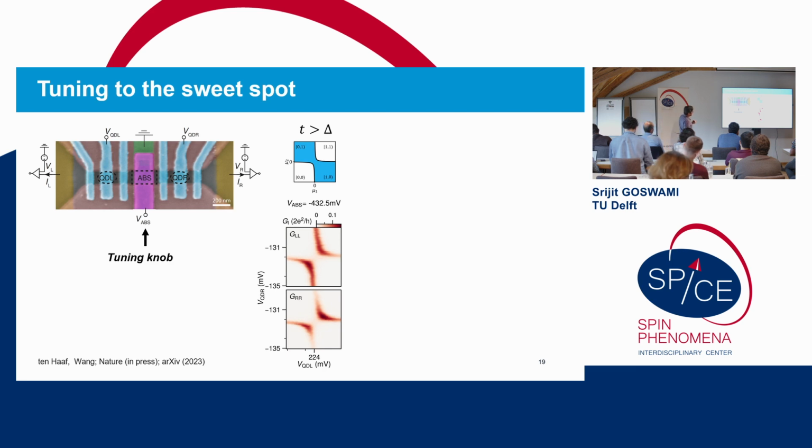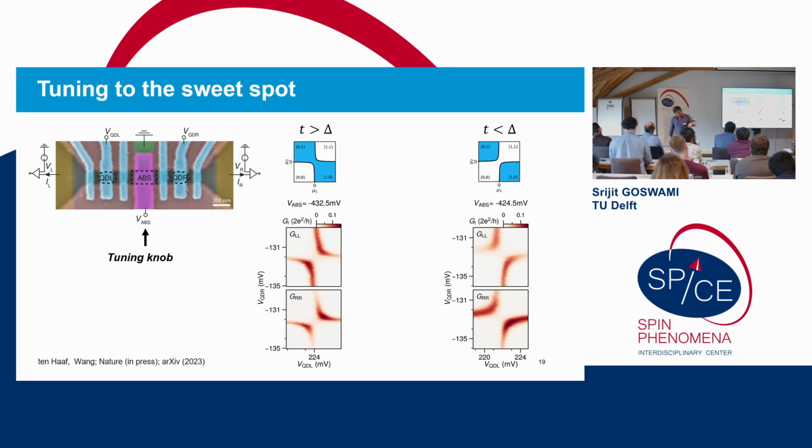So we can look at this. And what is important, I want to point out, I mentioned we always measure on both sides together, because we have to look at what is happening on both sides simultaneously. That's why you see this LL and the RR. So you see the left conductance, you see the right conductance. You can change this gate voltage, which is our tuning knob, and you can go to the other extreme.